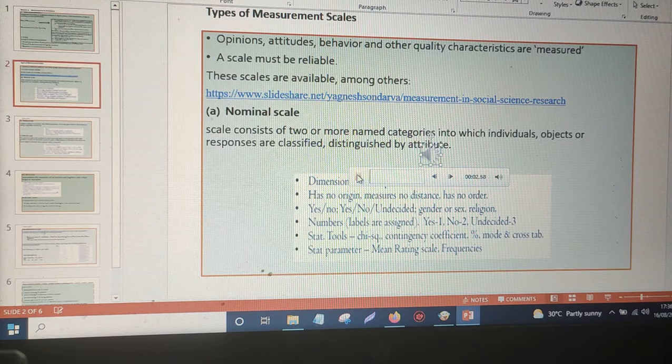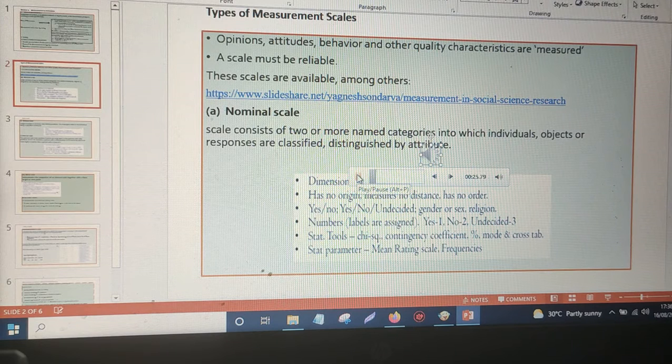Types of measurement scales. Now, I can have measurement scales for opinions. Usually these are qualitative scales, qualitative measurement scales, for opinions, for attitudes, for behavior, and other quality characteristics.